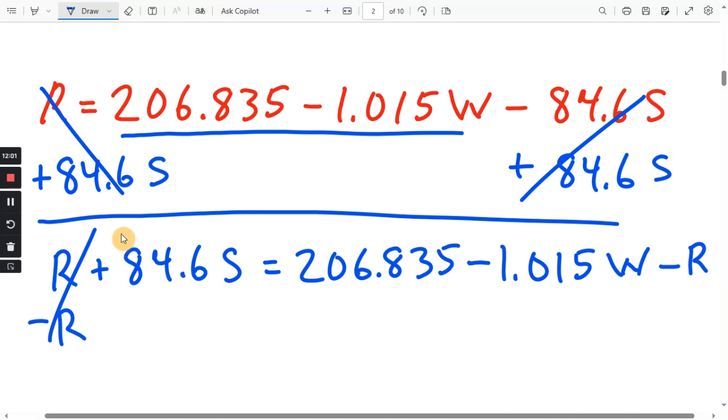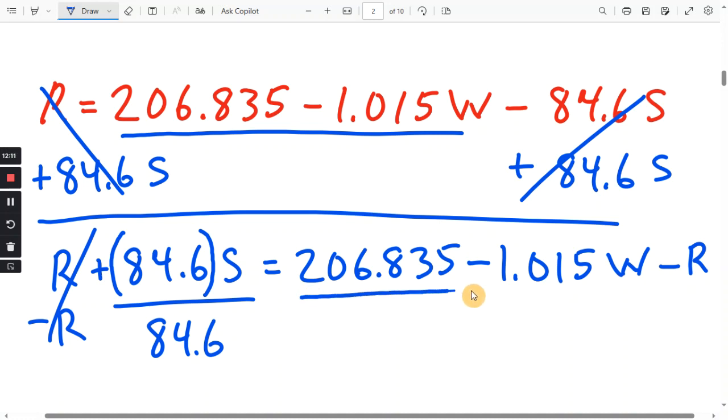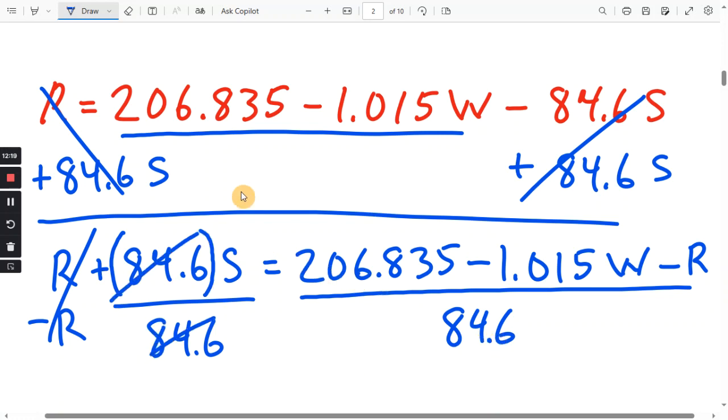Here we have S times 84.6. The opposite of times 84.6 is divided by 84.6. We do that to both sides. Cancels here. This right here is your final answer.